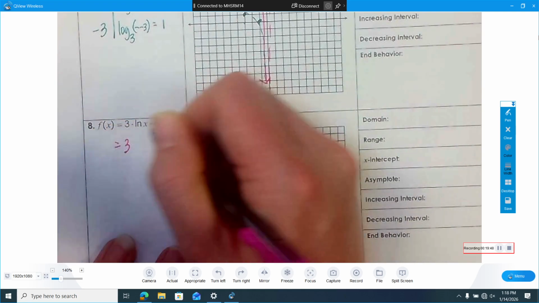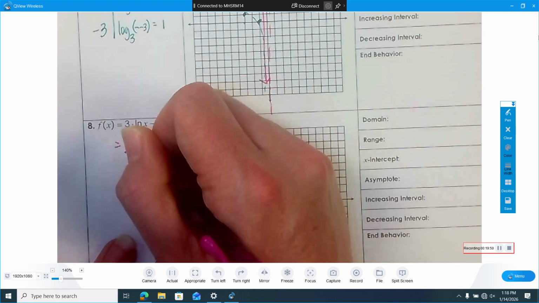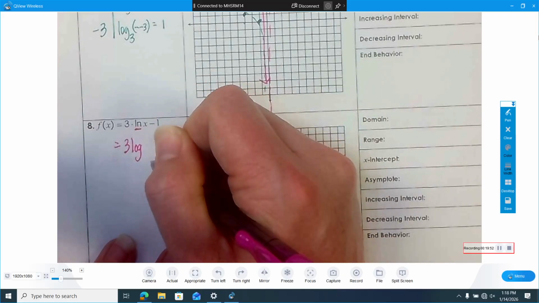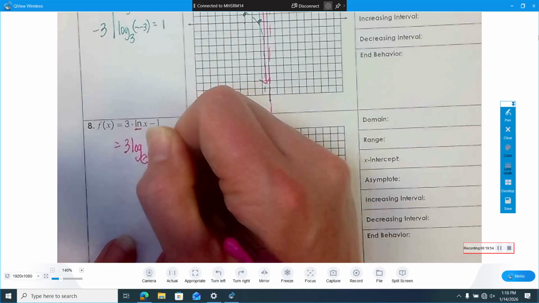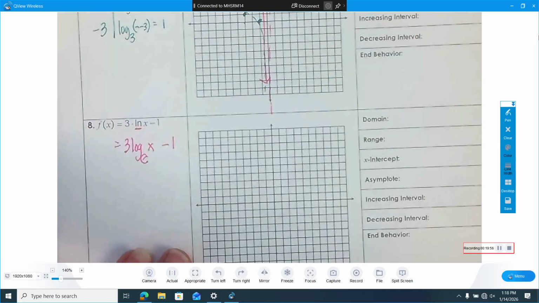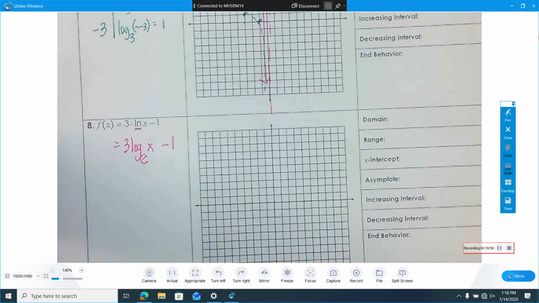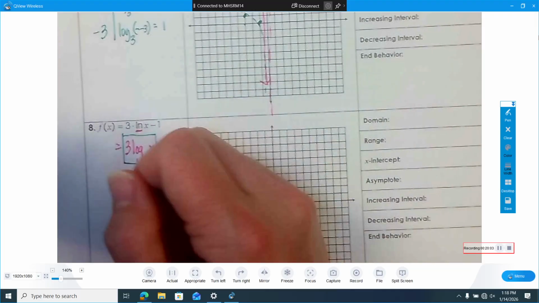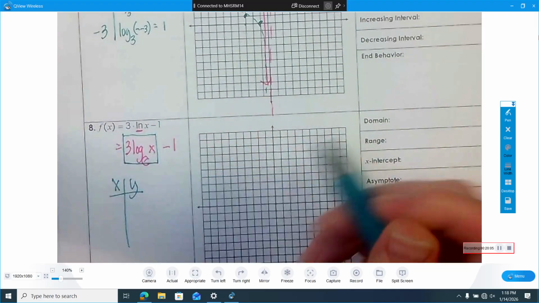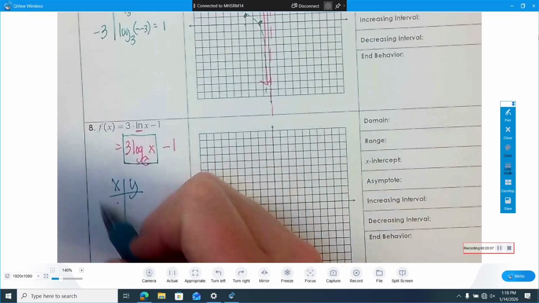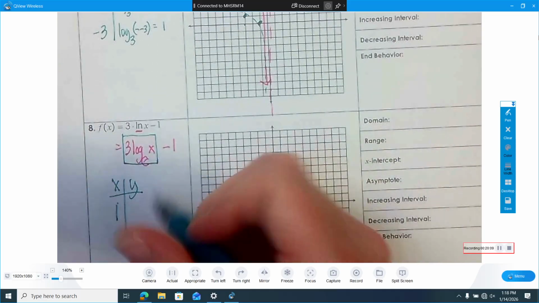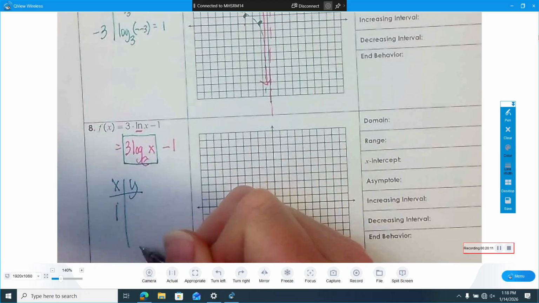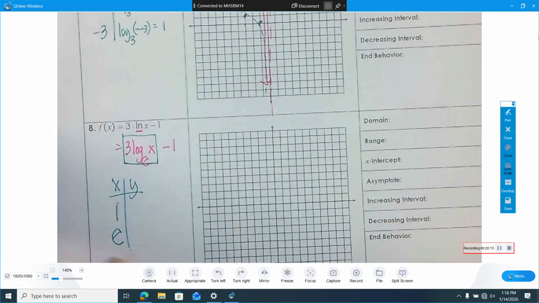It is a natural base, so instead of natural log, we could write log base e of x. And so we can graph in much the same way. I have my little xy chart. What am I going to use for x? 1 and, not quite 3, or e, really, we're going to use e.